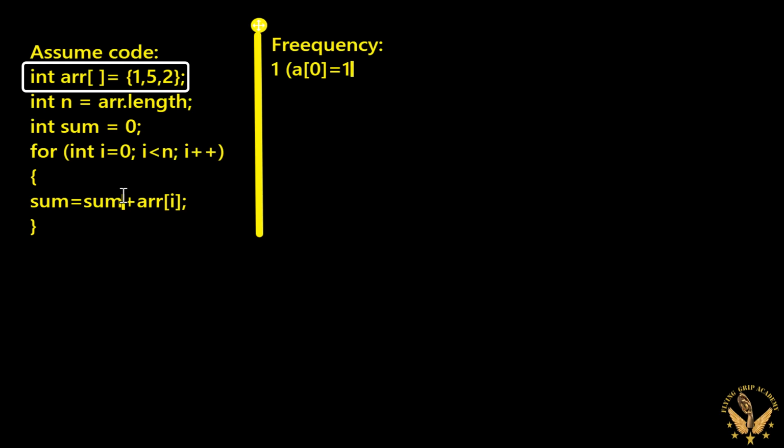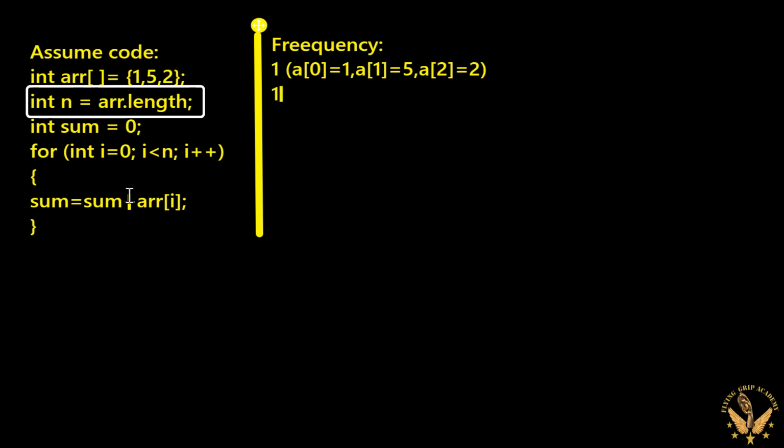So 1 is stored at index array of 0. In a similar manner, we store array of 1 equal to 5 and array of 2 equal to 2. It executes one time because we have initialized the content at once.